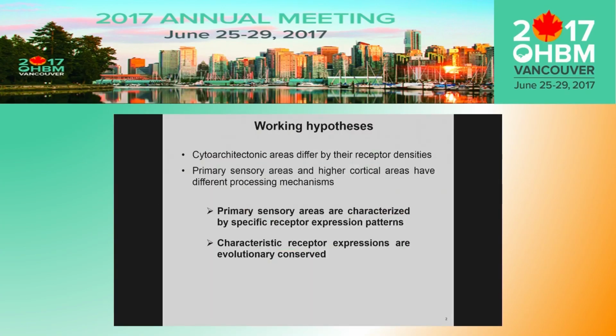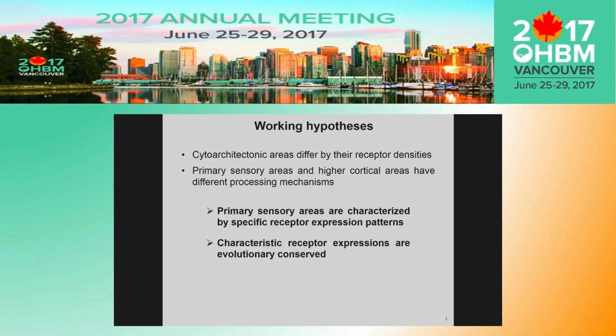We know that cortical areas are characterized by a specific cytoarchitecture and receptor expression pattern, and that they also differ in their functions. In particular, primary sensory areas are characterized by very specific functional processing mechanisms which differ from those of hierarchically higher areas.